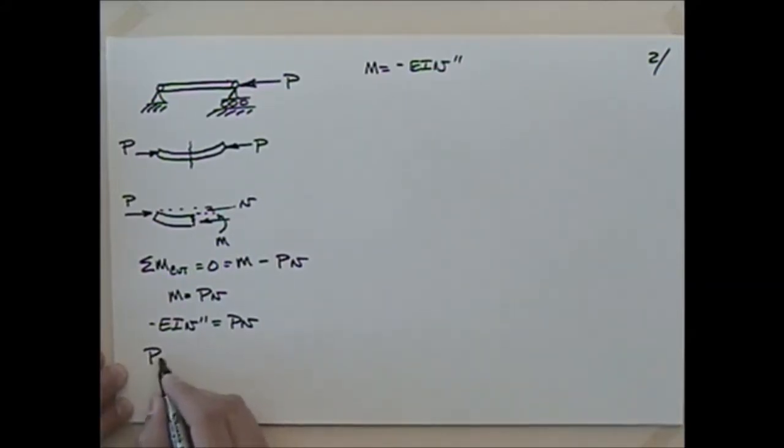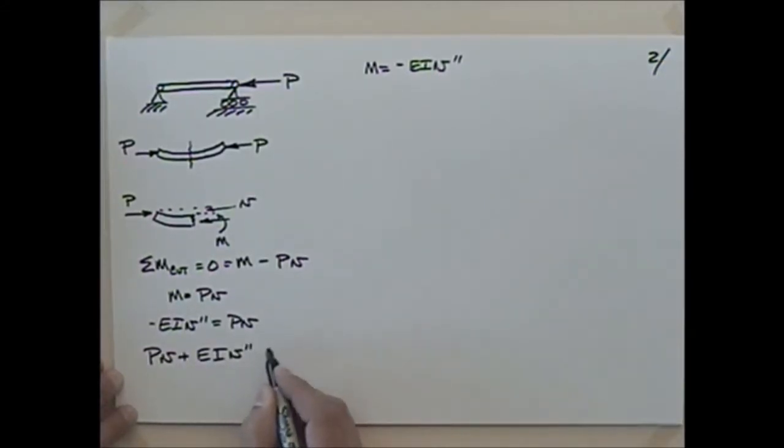I'm going to say that it's P times V plus EI V double prime is equal to 0, essentially moving the left-hand side to the right-hand side and then setting it equal to 0.